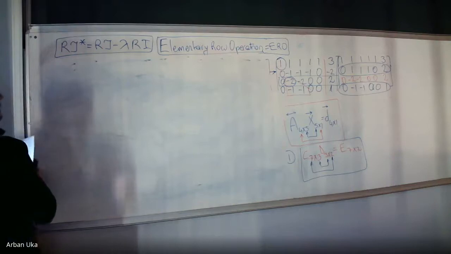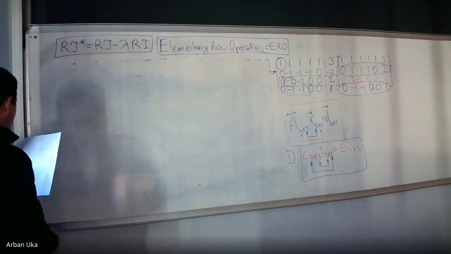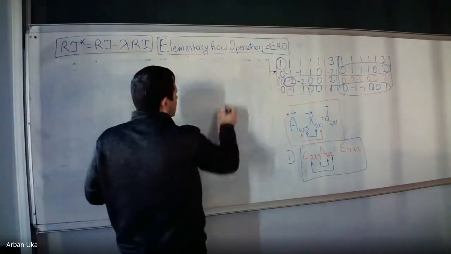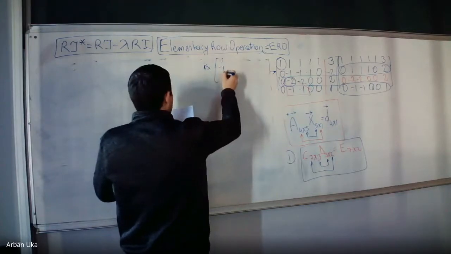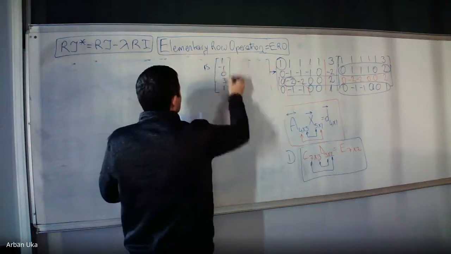Now, what you could do is actually the following. Check for the previous example: is (1, -1, 0, 3, 1) a solution?